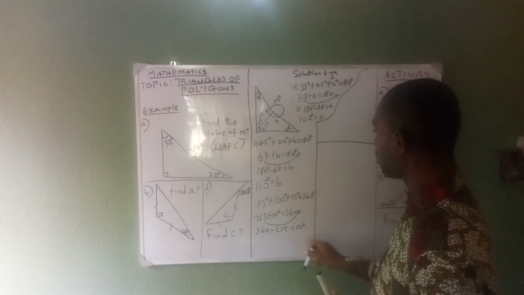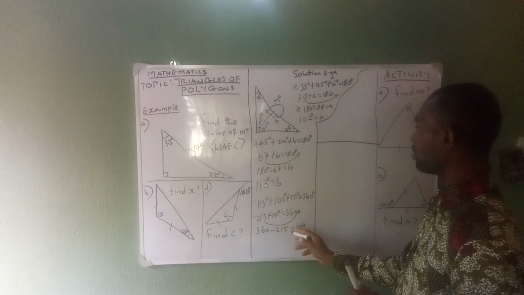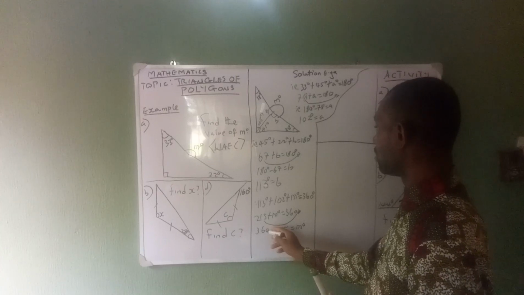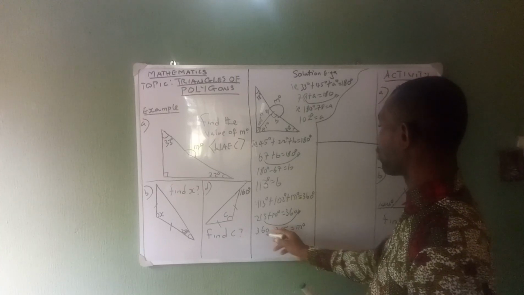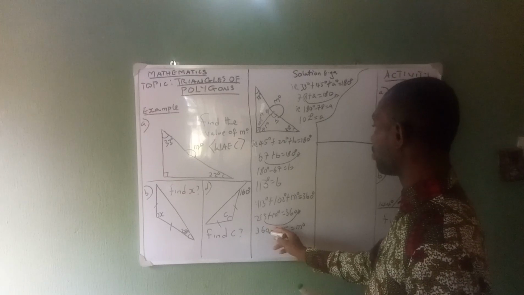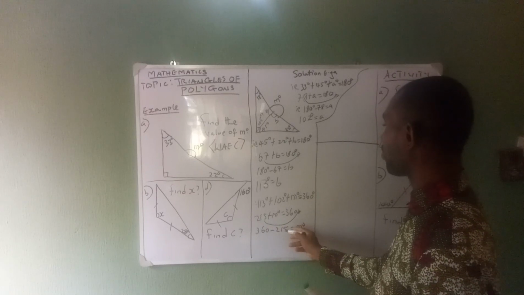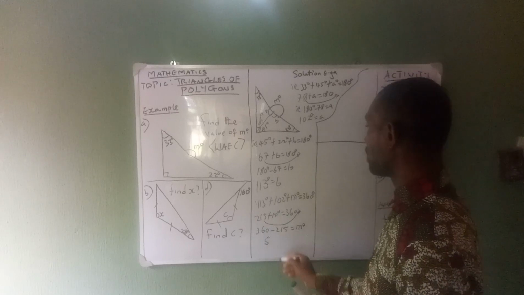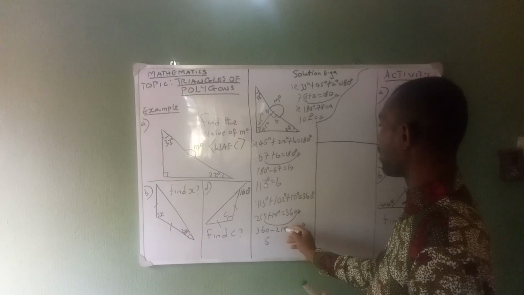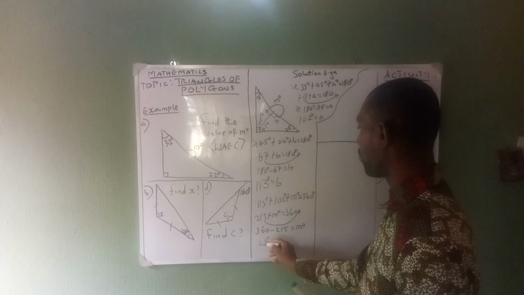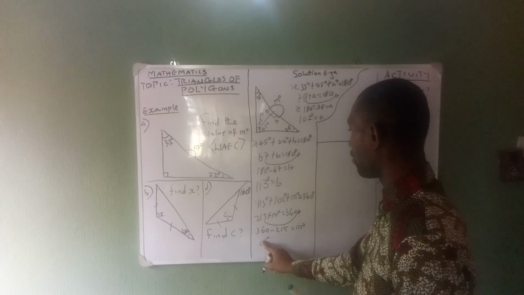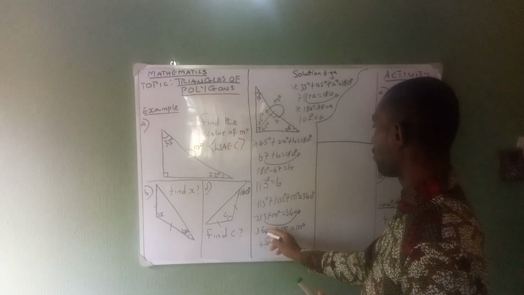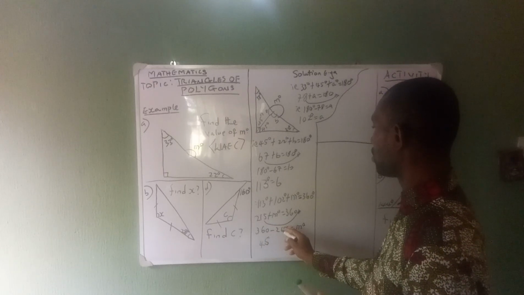Now, if 360 minus 215 is equal to m degrees, so we have it that 0 minus 5 it cannot. We borrow 1 from 6 and put it here. Here becomes 10. 10 minus 5 gives us 5. We have 5 here. Now remaining 5 here. 5 minus 1 here, we have 4. 5 minus 1, remaining 4.